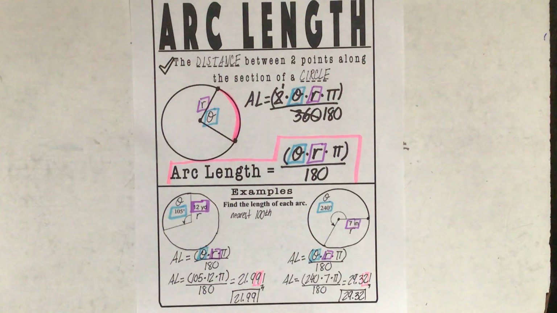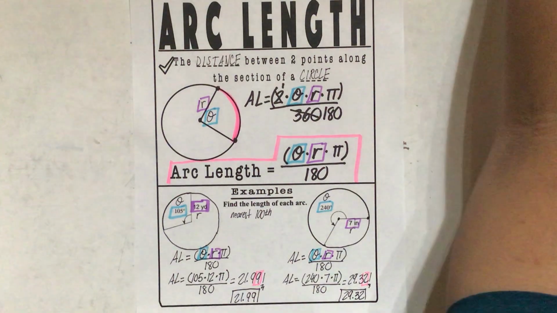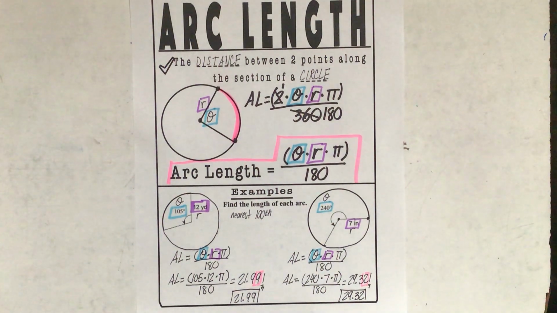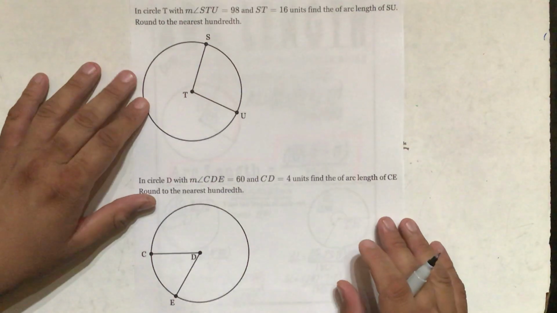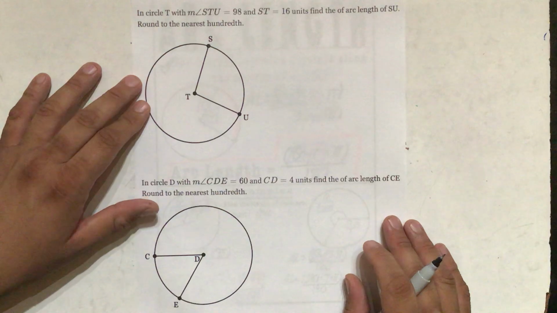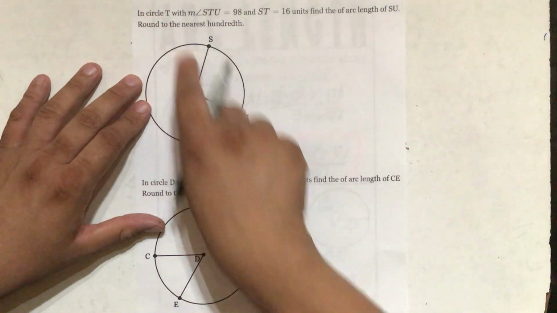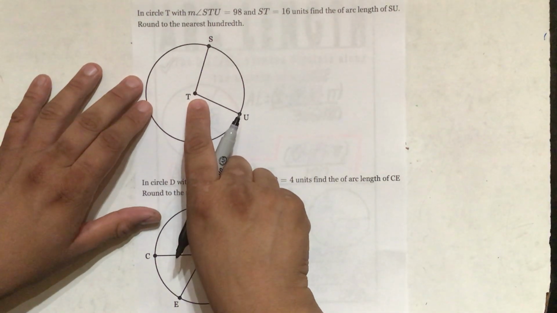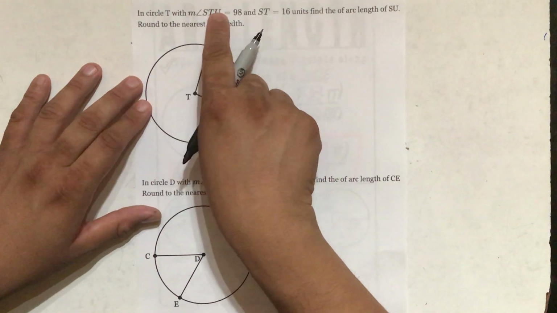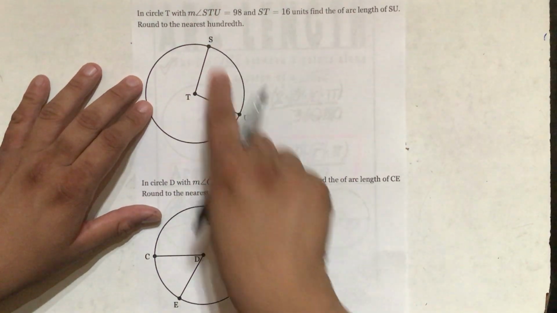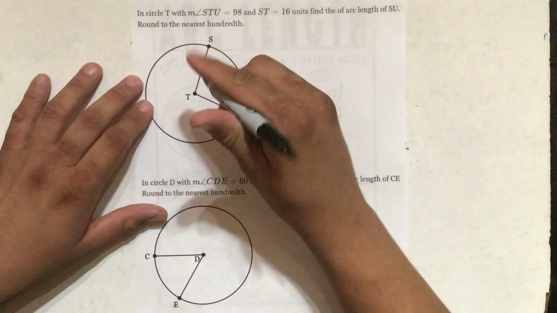All right. So let's do a couple of examples here that are from Delta Math. Let's look at this first one. It says encircle T. T is in the middle. Measure angle STU is 98 degrees.